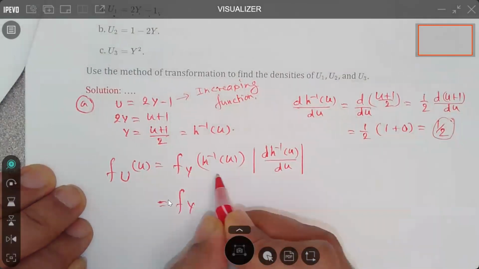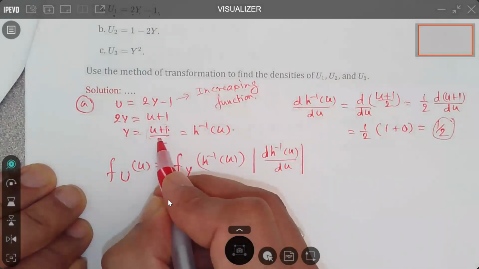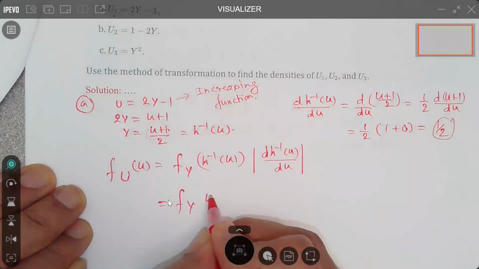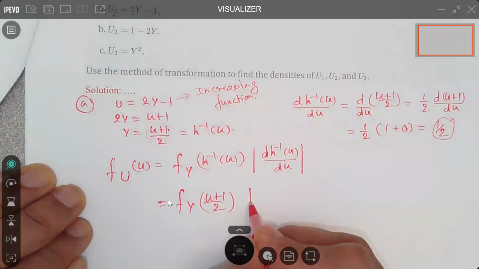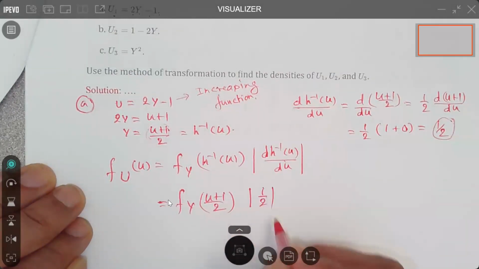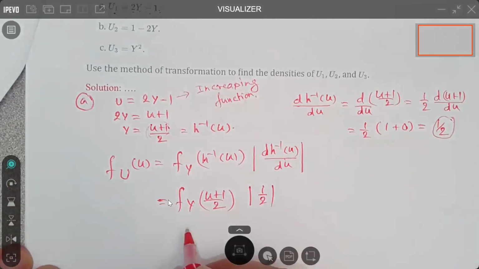F_Y of H inverse of u is this quantity here, right? Yes. u plus 1 over 2. Now this is the absolute value of 1 over 2, right? So this is equal to, now see this one here.